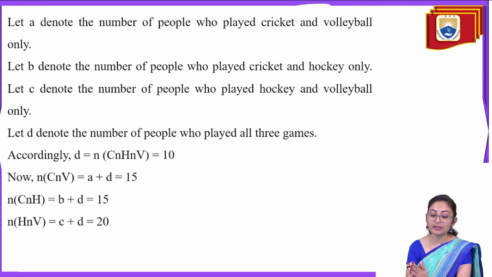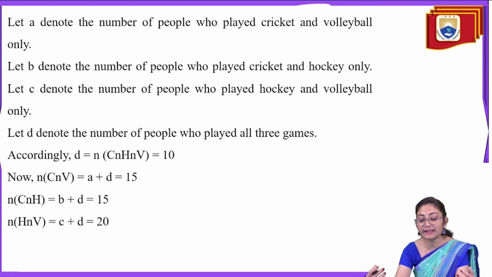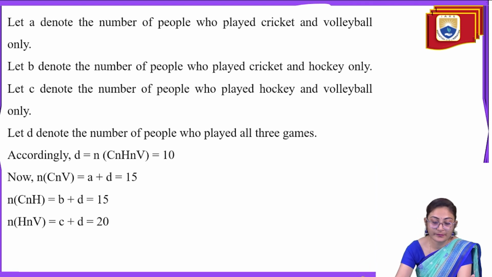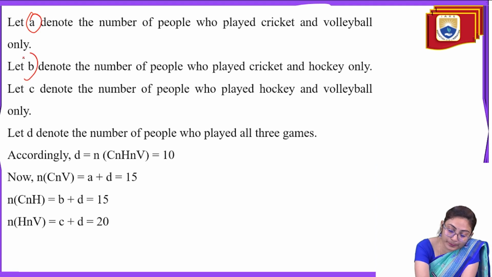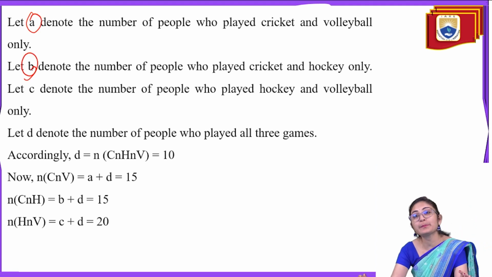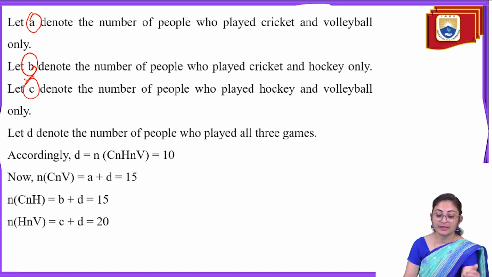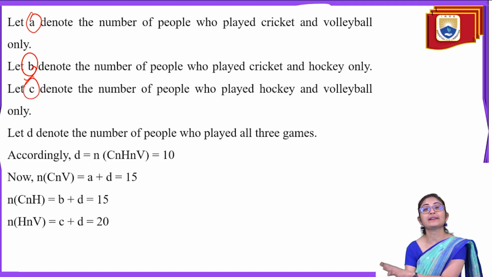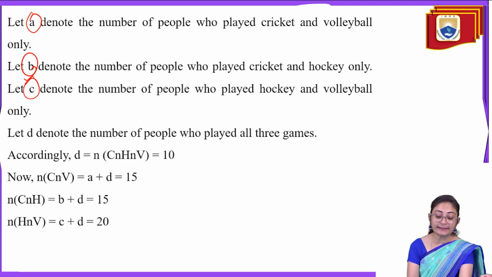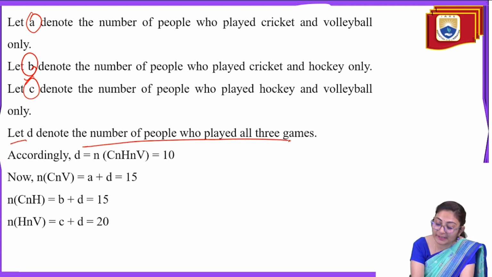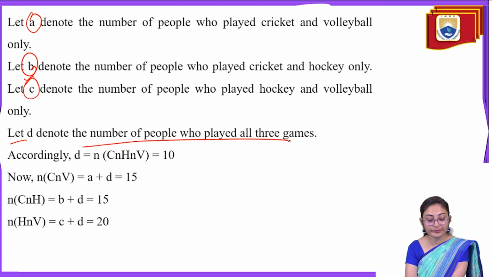Now let's denote the number of people who play cricket and volleyball only as A. Then B will denote the number of people who played cricket and hockey, and C will denote the number of people who played hockey and volleyball, and D denotes the number of people who played all three games.